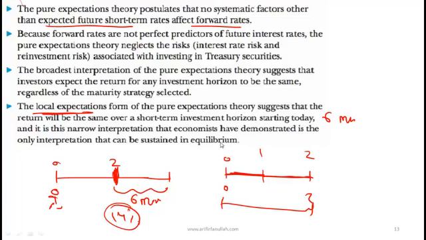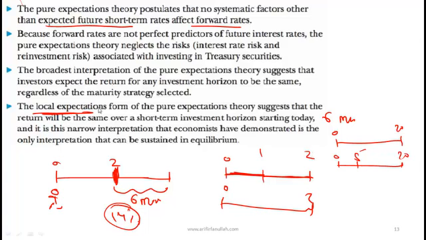What this is saying is that, let's say you have two strategies. One is investing in a 20-year bond, and the other is investing in a 5-year bond, and then after 5 years you plan to sell this and invest in a 15-year bond.